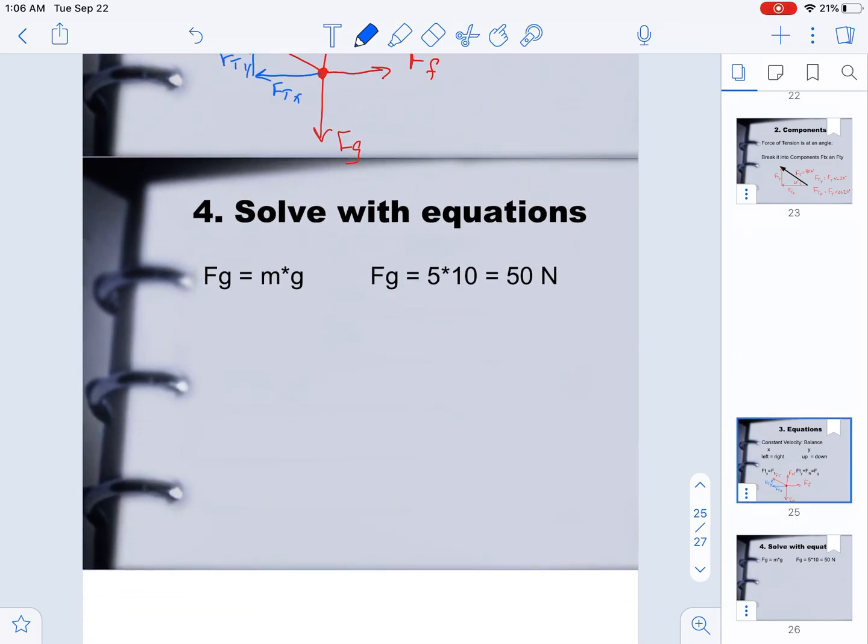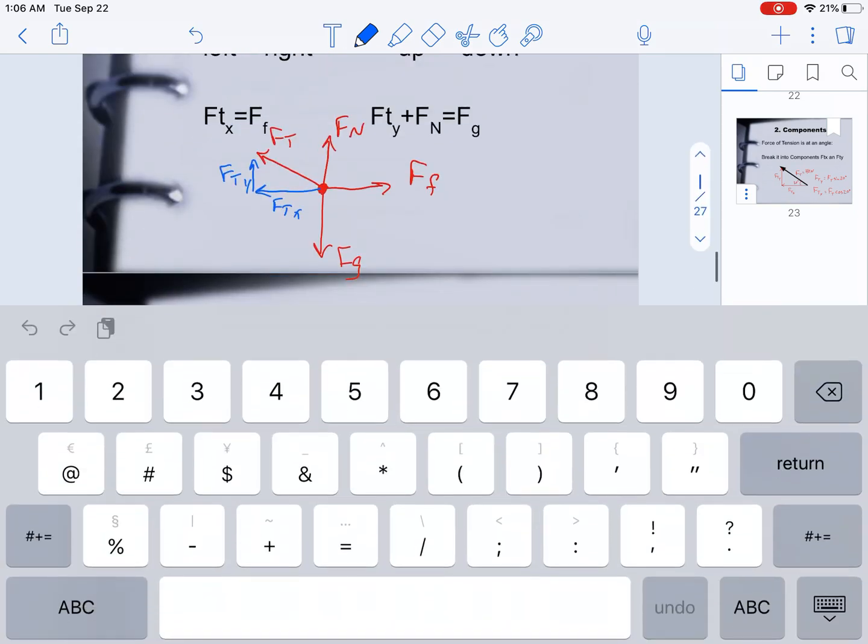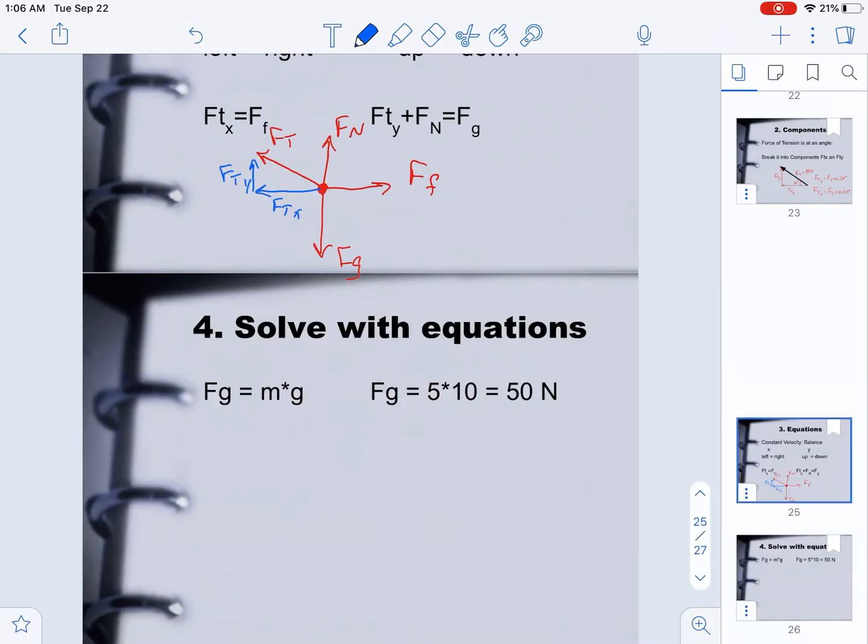Now I'm going to solve my equations. We know, and this is an always, one of the few always that we can use in physics, Fg is always equal to mg, which in this case is going to be equal to my 5 kilograms times my 10 newtons per kilogram. Kilograms will cancel, and I get 5 times 10 gives me my 50 newtons.